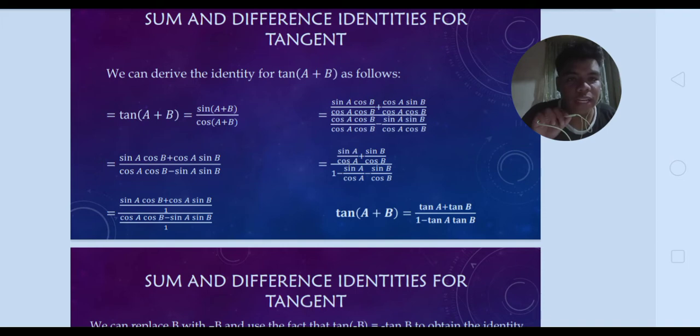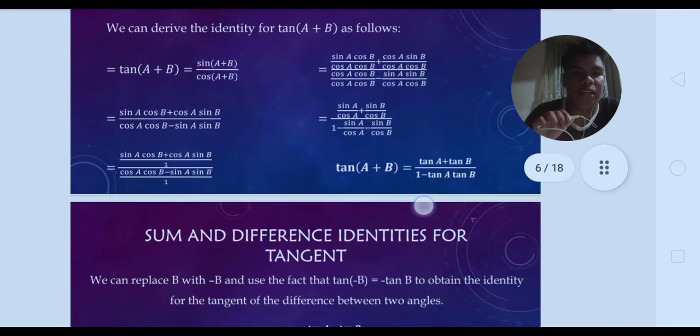It is equal to sine a over cos a plus sine b over cos b over 1 minus sine a over cos a times sine b over cos b. Therefore, tan of a plus b is equal to tan a plus tan b over 1 minus tan a times tan b.